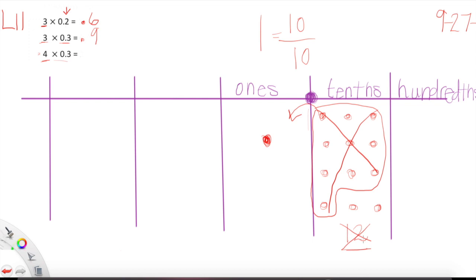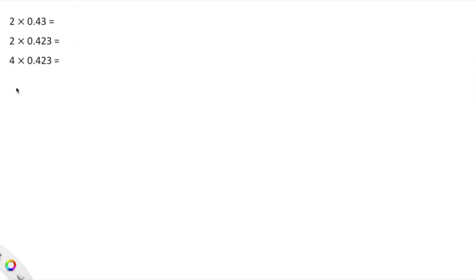We cannot have more than 1 digit in our ones place value. So now let's see what our final answer is here. When we make 4 copies of 3/10, what we're left with is 1 one and 2 tenths. So the final product here is 1 and 2 tenths. Very cool, huh? That was one way of modeling using our place value chart.